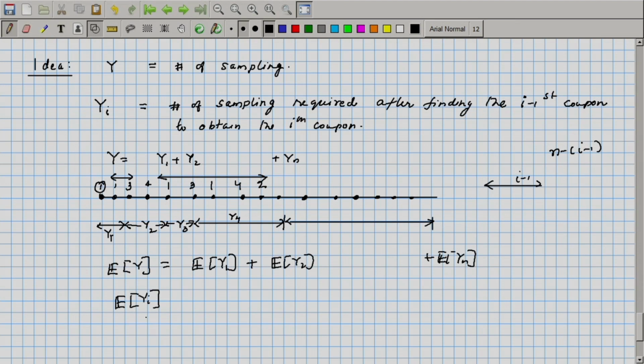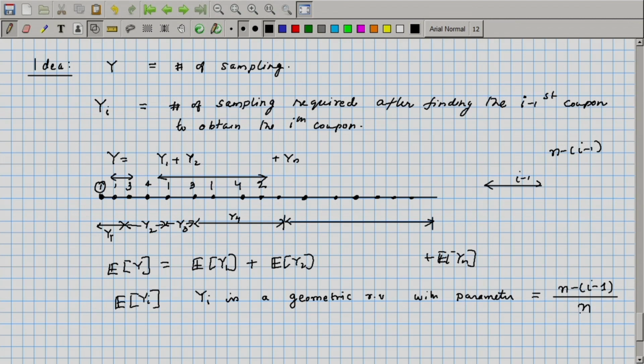Okay. So, yi we can think of as a geometric random variable with parameter, or the success probability, equal to (n minus i plus 1) divided by n.